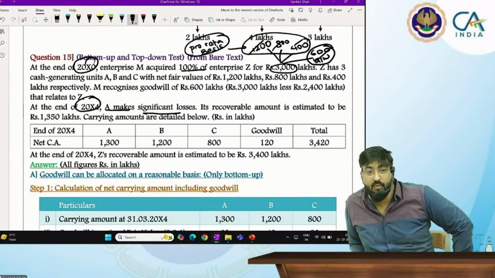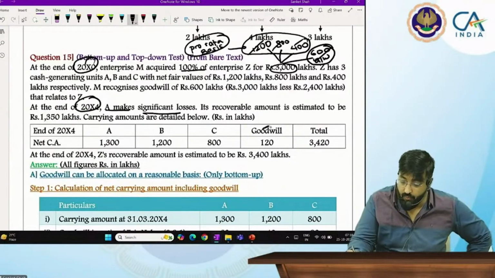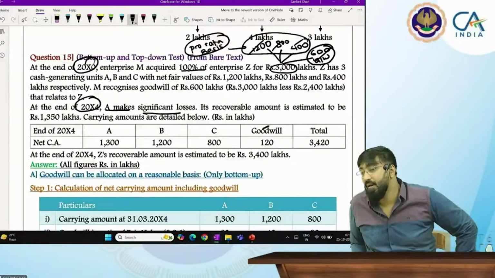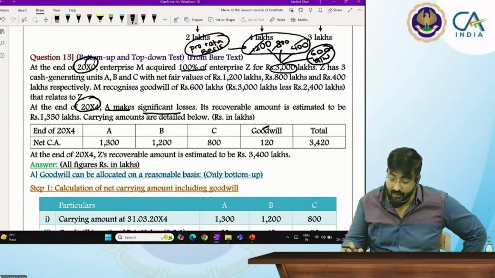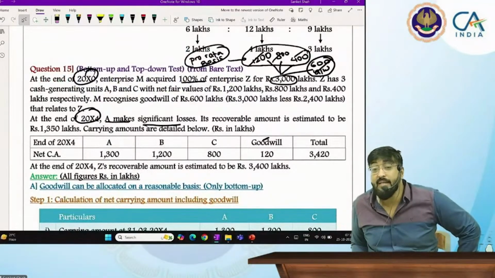Now, what are we going to do? First we will see whether goodwill can be divided on some consistent basis. Okay, see the wordings. Can I allocate goodwill on any reasonable basis?